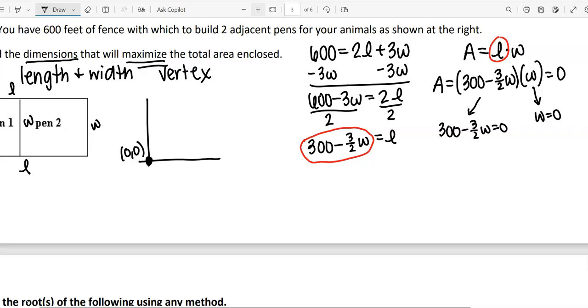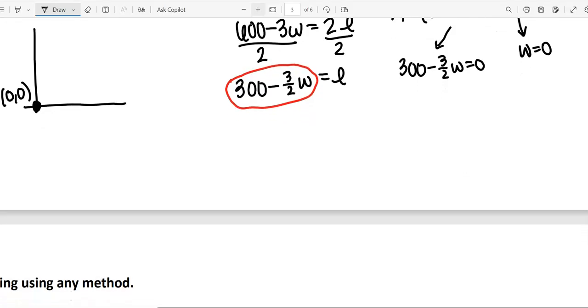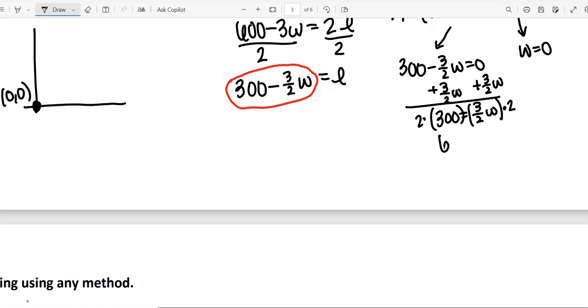And then I can find the other one from 300 minus 3 over 2 w. How do I solve that? Add 3 over 2 w. And you've got 300 is equal to 3 over 2 w. Now what? Multiply by 2. 300 times 2 is 600 is equal to 3w.